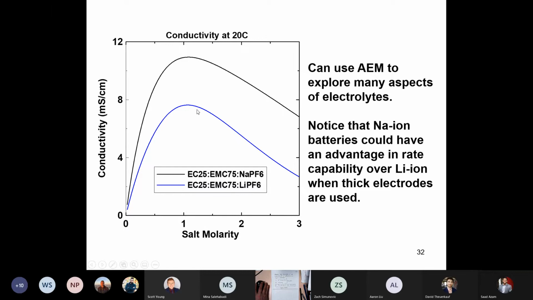People may not appreciate that sodium ion electrolytes have greater conductivity than lithium ion electrolytes, right? I bet nobody listening here knew that. So it means that sodium ion batteries could have an advantage in rate capability over lithium ion when thick electrodes are used.